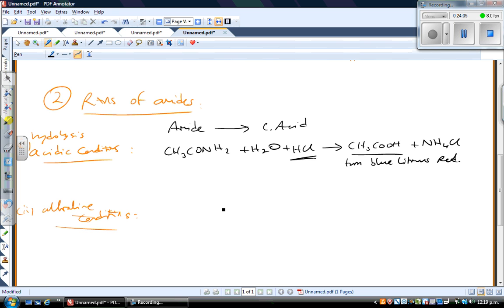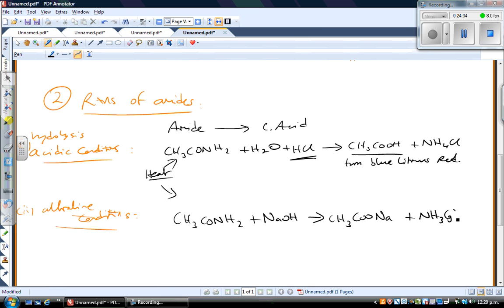And then under alkaline conditions, to speed them up, we had you using the water bath. With alkaline conditions, you have the same amide, in this case ethanamide, plus sodium hydroxide, and the product of this reaction will be sodium ethanoate, which is odorless, but you also get ammonia gas.